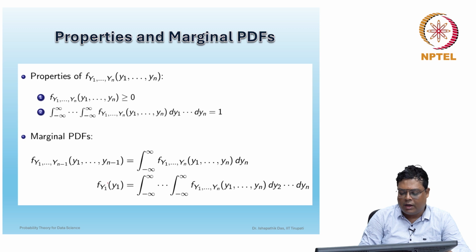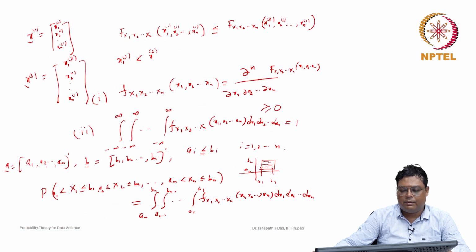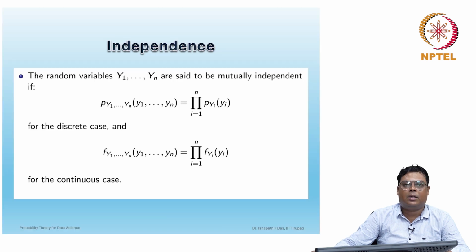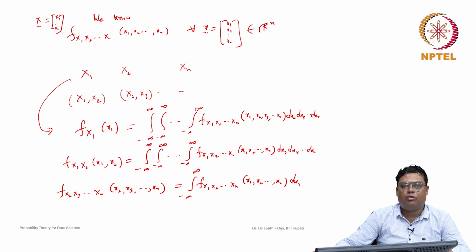Similarly, we have already discussed that we want to keep y1 but not the other variables, so we integrate over y2 to yn. All of these we have integrated. This is the concept of the joint probability density function, its properties, and how to find the marginal probability density function from the joint probability density function.